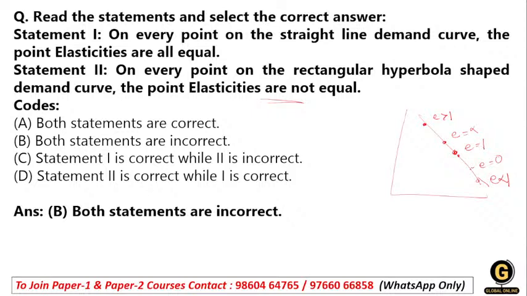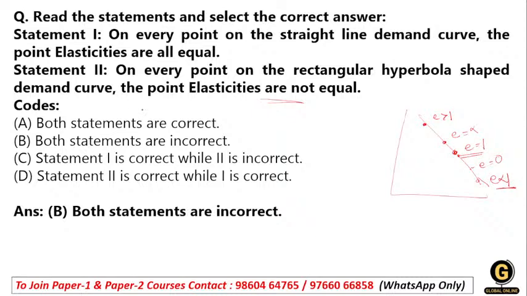So at every point on the straight line demand curve, the point elasticities are not equal. In the upper portion there is high price elasticity, at the midpoint there is unitary elasticity, and at the bottom it is inelastic, meaning elasticity is less than 1.